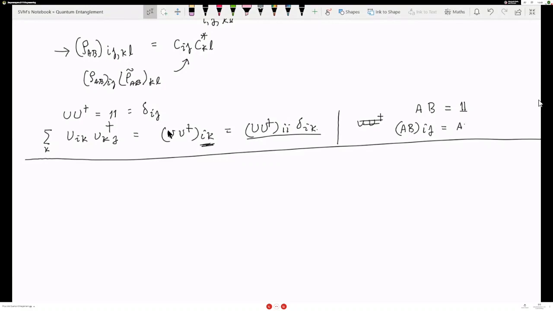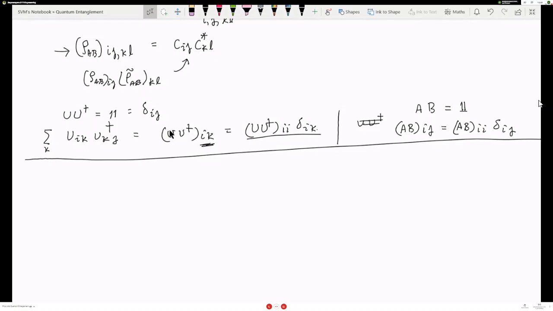So we should write AB of II into delta IJ. Suppose I equals 1, this will be AB 1,1, and J should be equal to 1. Only then that element will be non-zero. If I equals 2, it is 2,2, and J should be equal to 2. If J is different from I, then it will be 0.